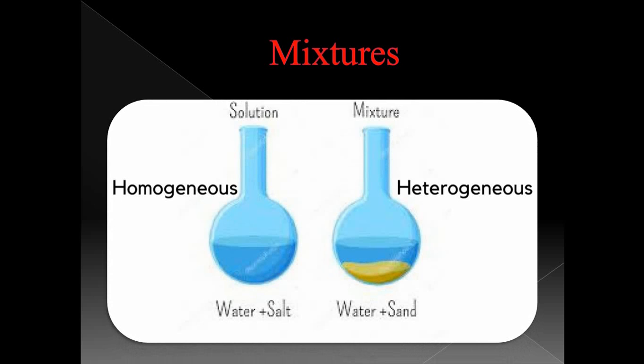We will notice that the salt cannot be seen as a solid; it disappears, it dissolves in the water, forming a homogeneous solution, where the particles of the salt are found in each part of the water equally, so equal amounts of salt are found in the whole solution. So that's why it's called a homogeneous mixture.